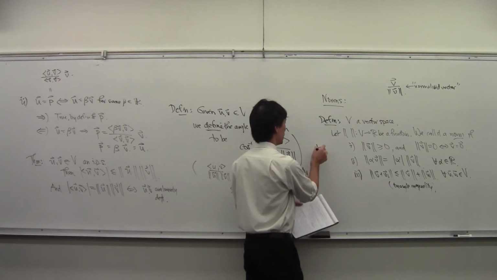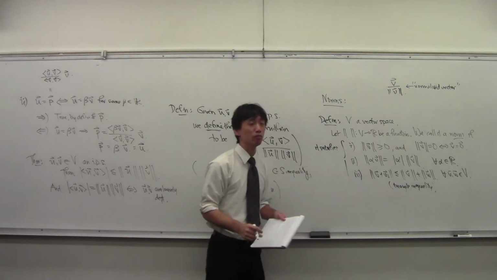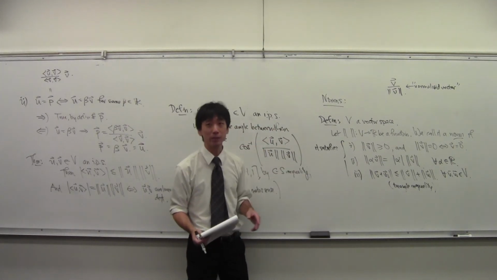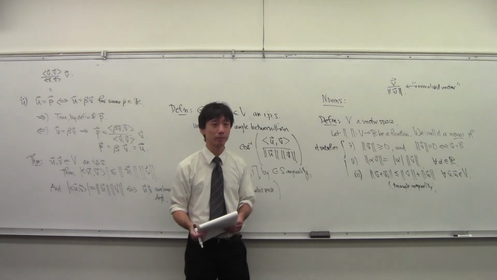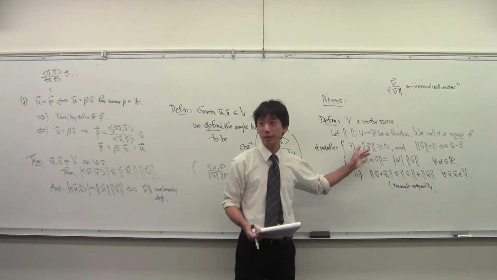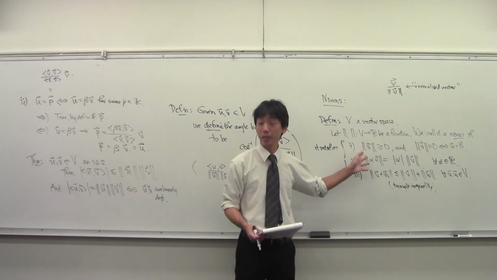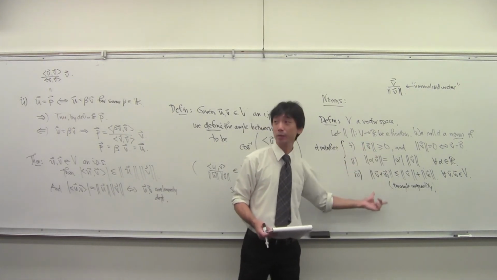If it satisfies these 3 properties, we call it a norm. Which are things that the magnitude does, right? If you think about the magnitude of a vector, it satisfies all these properties.